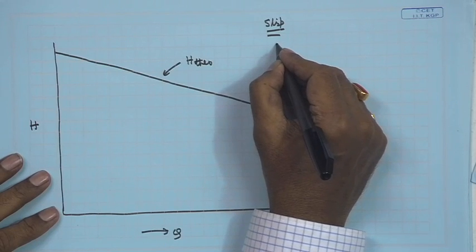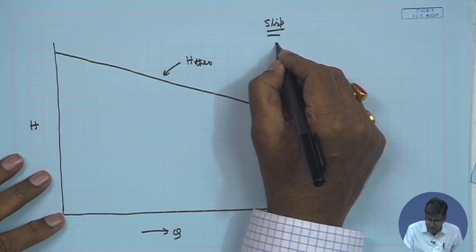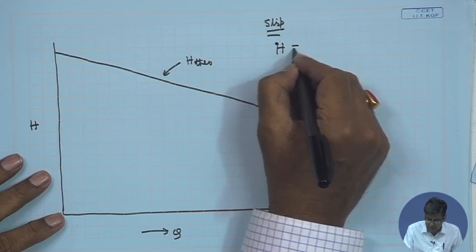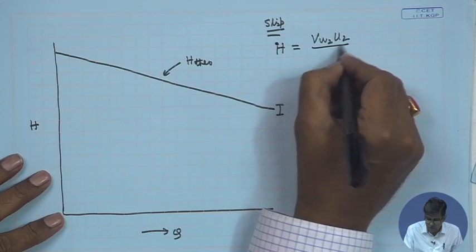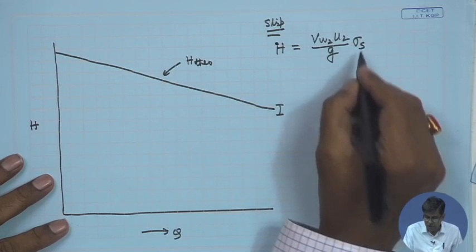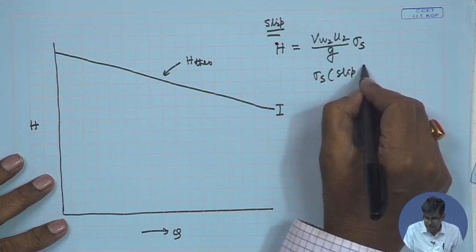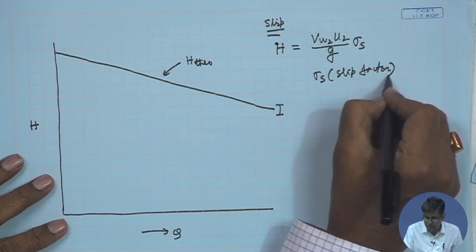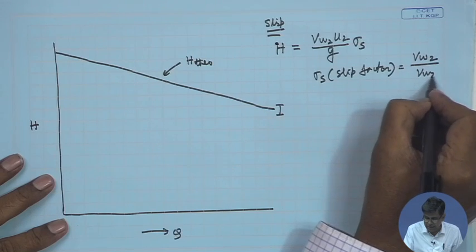This is a monotonically increasing function of the flow. So, therefore, in consideration of this slip, we know that the actual head developed is equal to VW2 U2 by G into sigma S, where sigma S is the slip factor, which we defined earlier as the actual VW by the ideal VW.